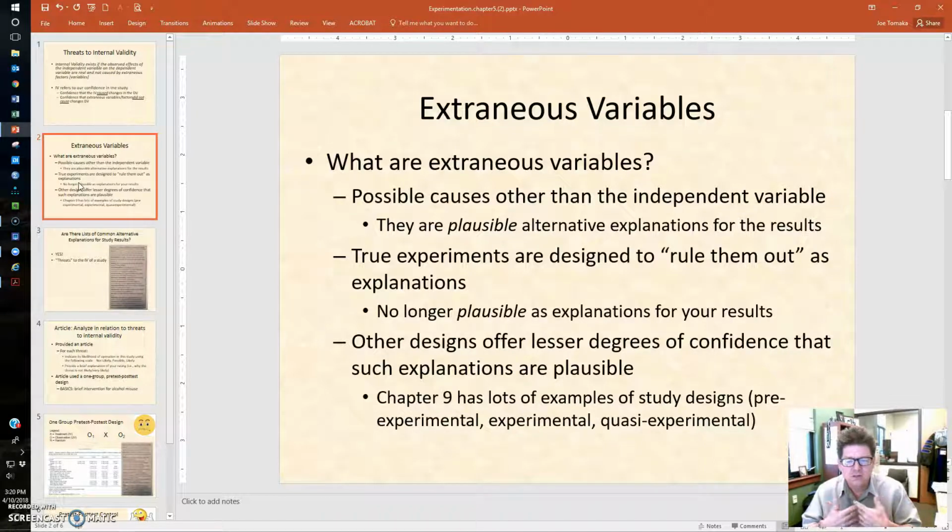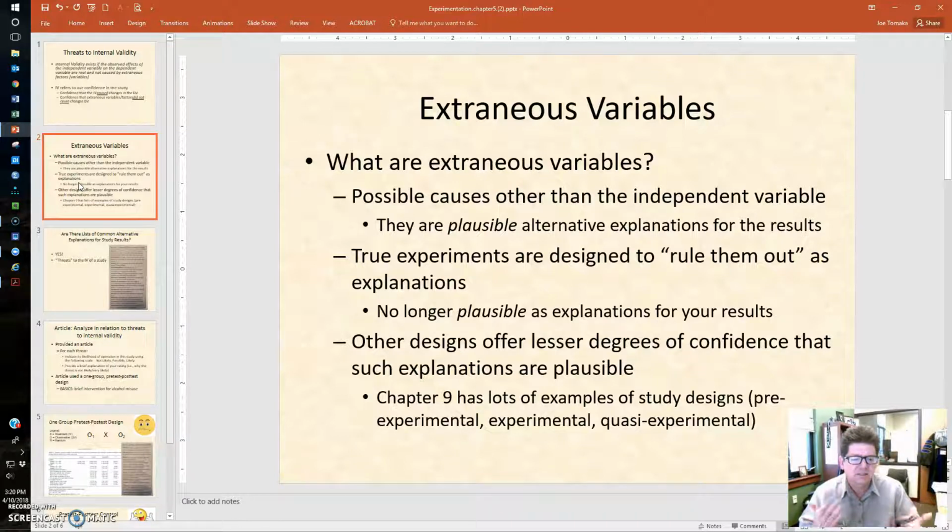What we're going to learn is that compared to true experiments, other designs offer lesser degrees of confidence that such explanations are not plausible. And Chapter 9 has lots of examples of study designs. They categorize them as pre-experimental, experimental, and quasi-experimental.